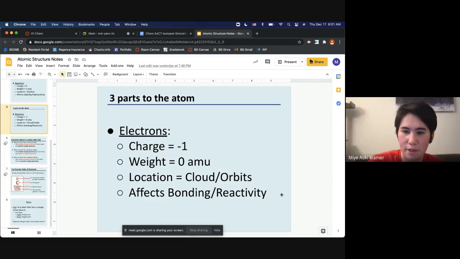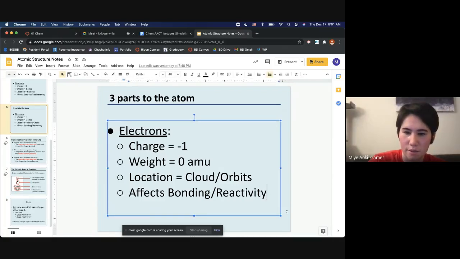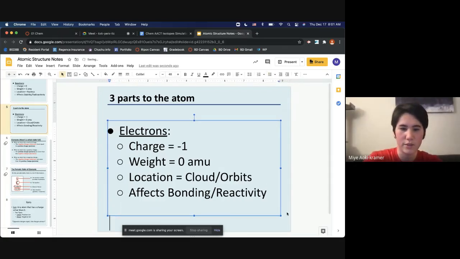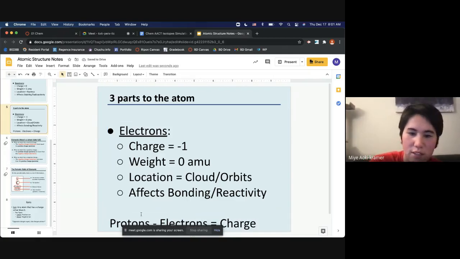Actually, back up in electrons, I'm going to write, we'll do protons minus electrons equals charge. This means that in order to find the charge of our atom, we're going to do protons minus electrons.